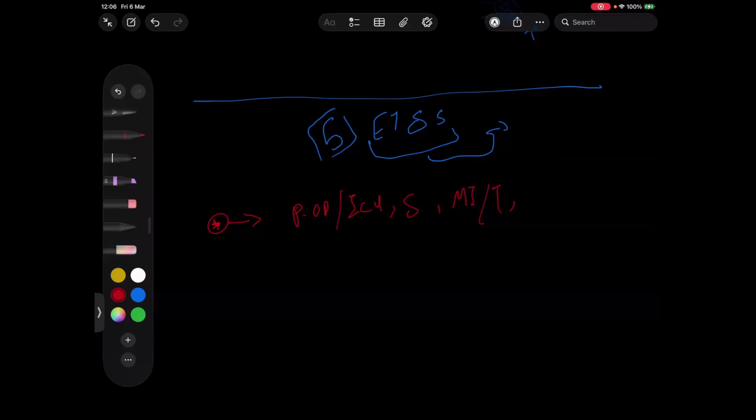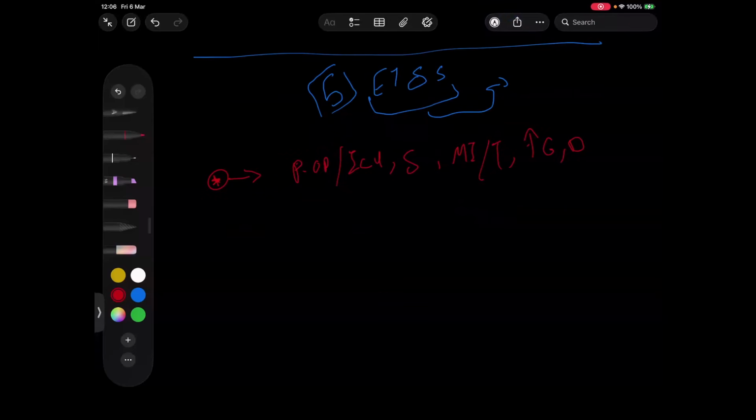Which medications are you going to think about here? High-dose glucocorticoids or glucosteroids. The last one, they love it: dopamine. So you're going to remember the causes. It's very important for your exam.